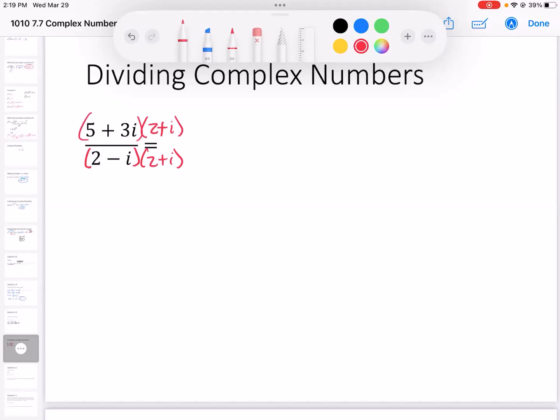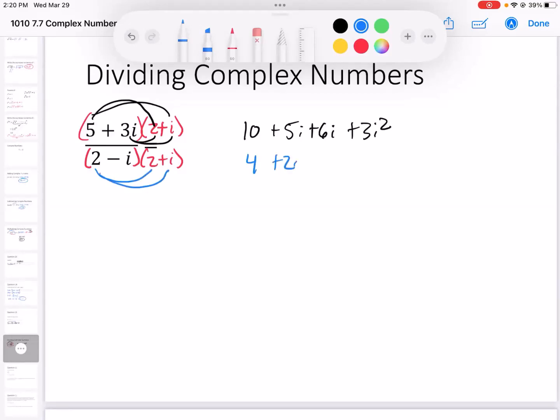When I multiply the top of my fraction by this, I end up with 10 plus 5i plus 6i plus 3i squared. Then on the bottom of my fraction, I'm going to get 4 plus 2i minus 2i minus i squared.